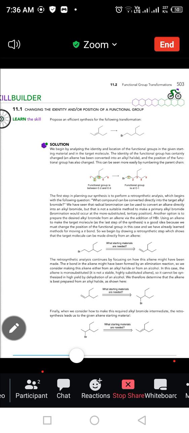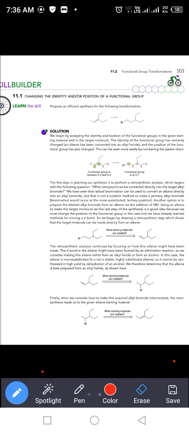Propose an efficient synthesis for the following transformation. This is our target molecule. Convert this alkene into an alkyl halide. It means we have to keep in mind what the functional group positions are. We just have to focus on the position of the functional group. On the reactant side, the alkene's functional group was the double bond, present between carbon 2 and carbon 3, C2 and C3.